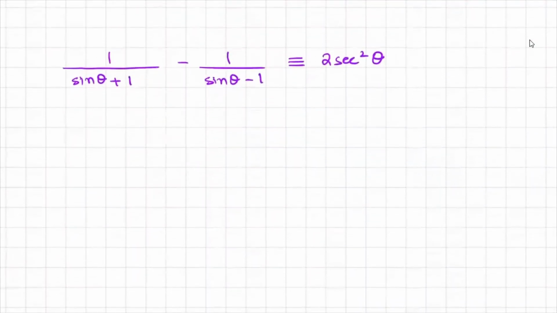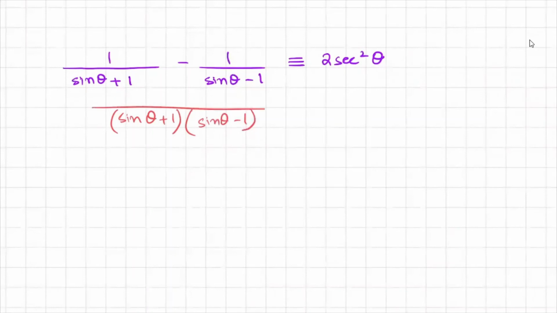The next question is 1 over sine theta plus 1 minus 1 over sine theta minus 1 is identical to 2 sec square theta. How about we take the LCM again? So the LCM would be the product of these two, which would be, sorry, this is sine theta, sine theta plus 1 and sine theta minus 1.